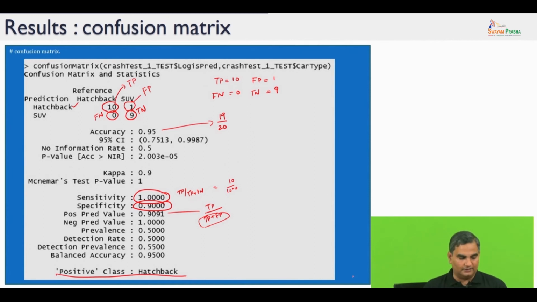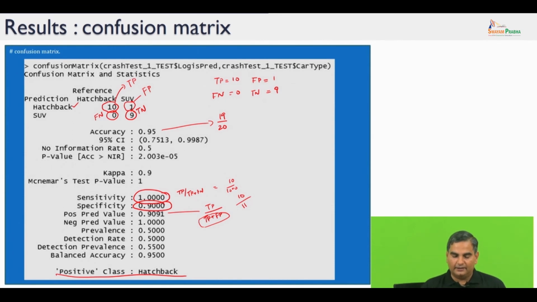So, if you look at this, we will substitute here. The true positive is 10 and false positive is 1. So, 10 divided by 11 and you will get this number 0.9091.